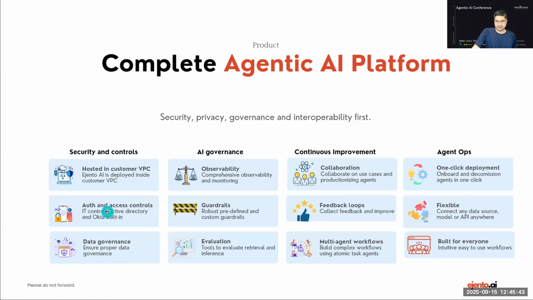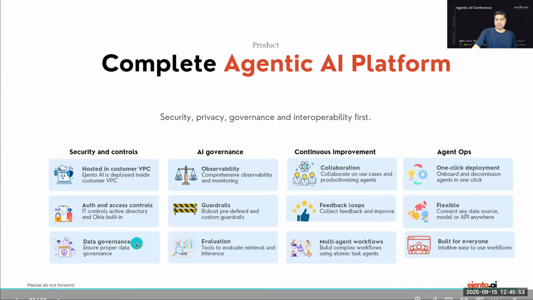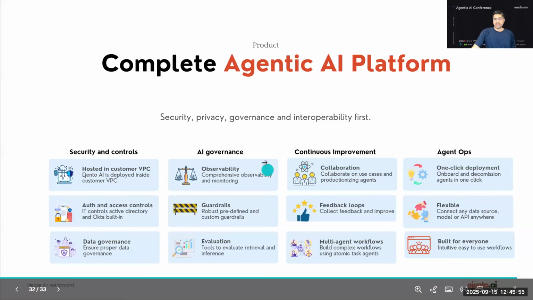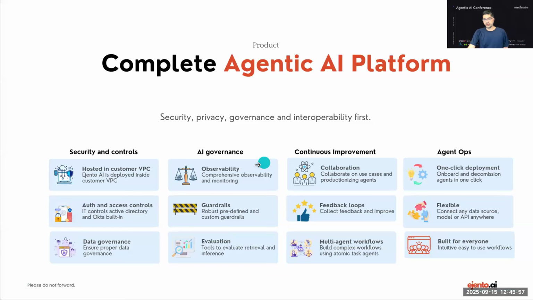I hope that those of you who were there in the previous sessions are seeing the dots being connected. There are authorization and access controls built in. Data governance is built in. AI governance is also there. AI governance refers to the fact that I can explain the responses that I get. I have guardrails on inputs: what kind of questions are okay, and what kind of questions are not okay.